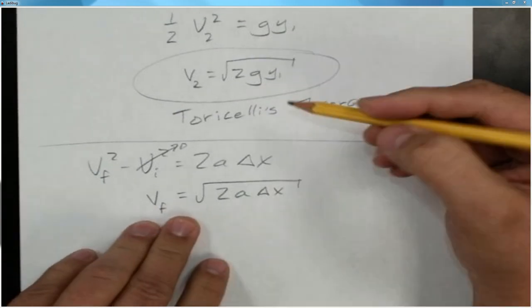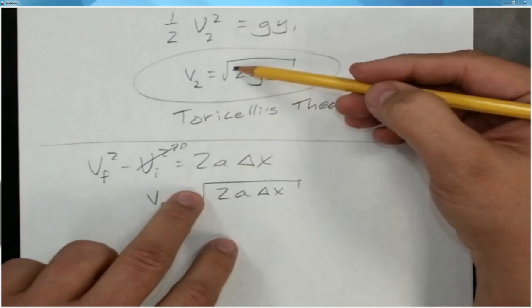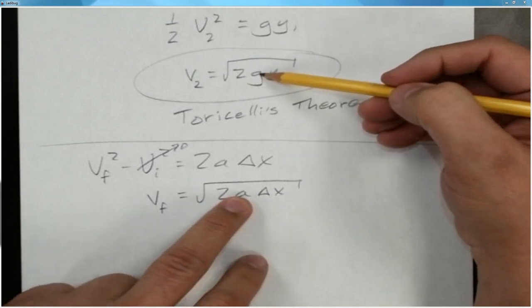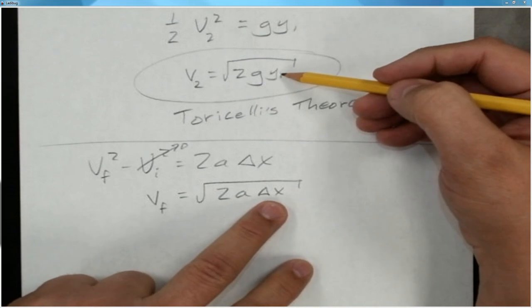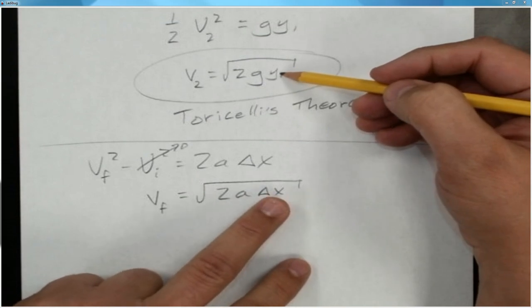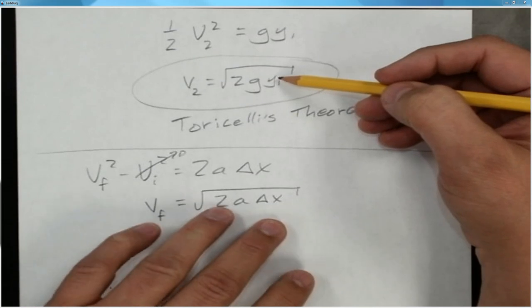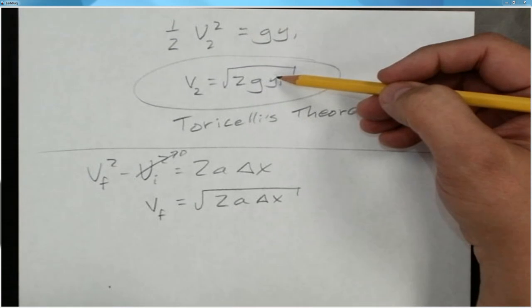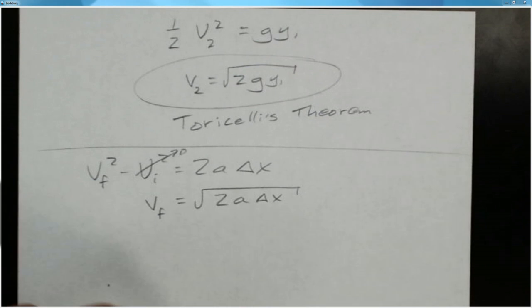Oh my goodness. Look at that. We got the Vf, V2, we got the square root of 2. The acceleration when things are dropping near the surface of the Earth is g, 9.8. And the change in my distance is going to be y1 minus y2, so basically this is g and this is the same as a and delta x. That takes care of the sign issue, as long as you remember what it means. This is the same darn equation.